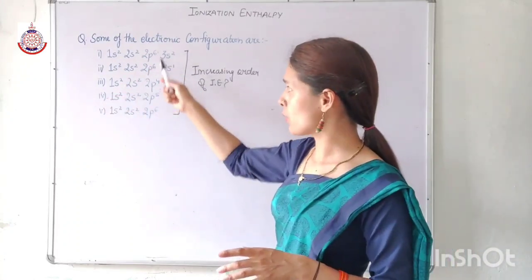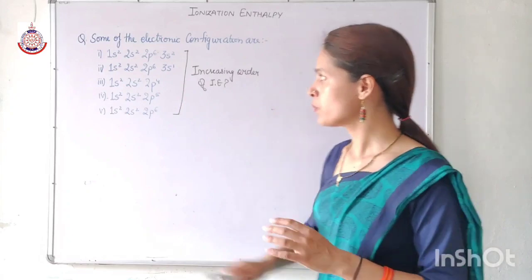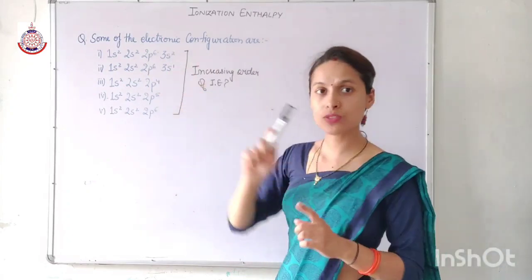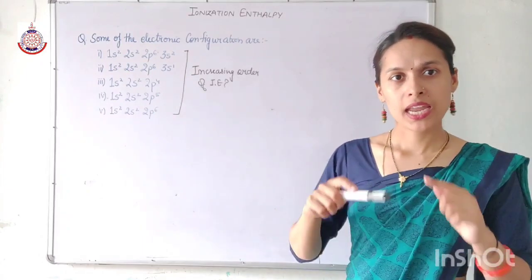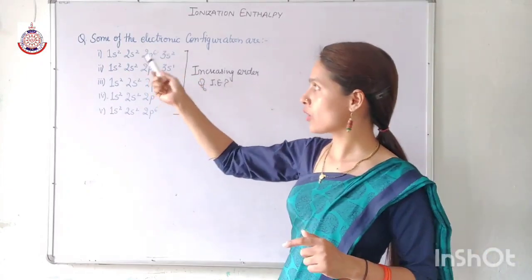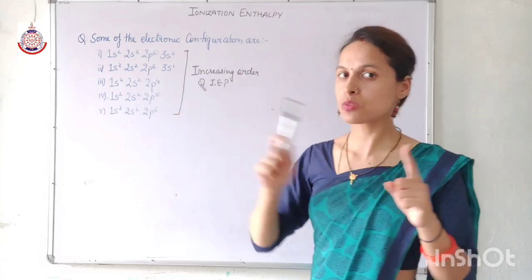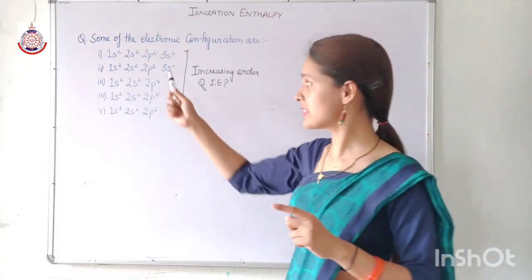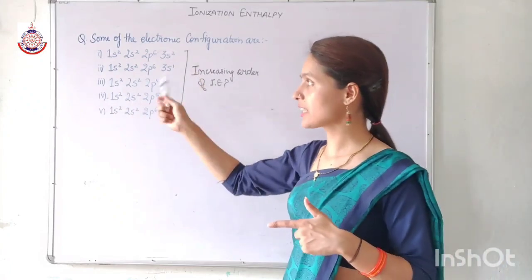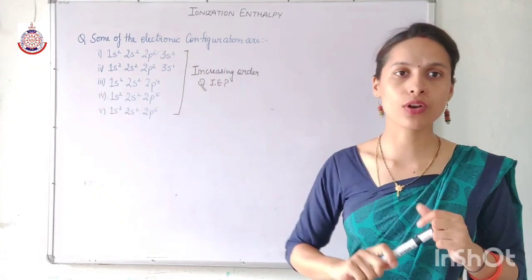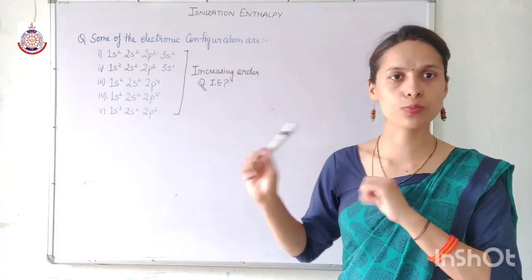Now if we observe 1 and 2, in the first the s orbital is fully filled, and in the second the s orbital is half filled. In the first, if we remove an electron from the s orbital, it becomes half filled. And in the second, if I remove an electron from the s orbital, the configuration gets converted into the octet configuration, that is 1s2, 2s2, 2p6.